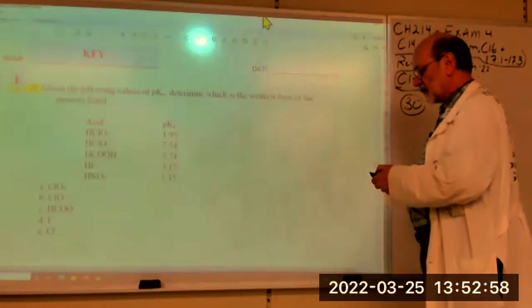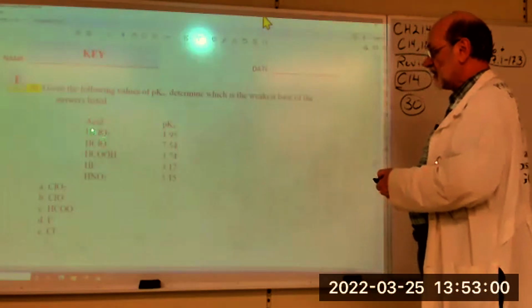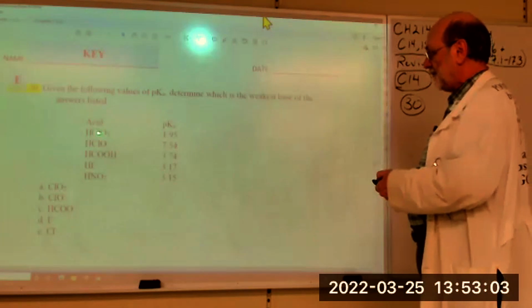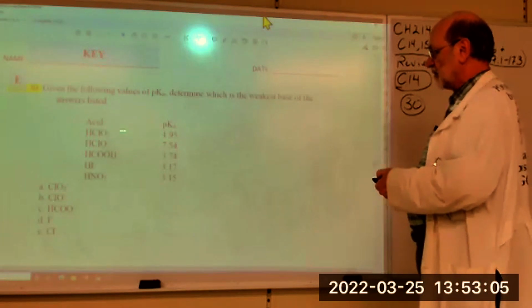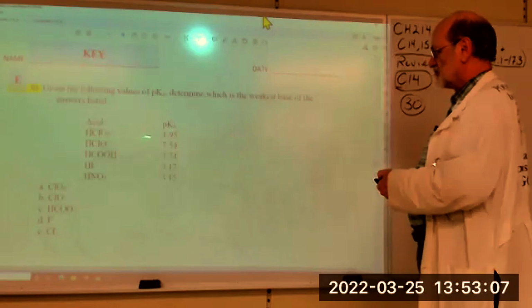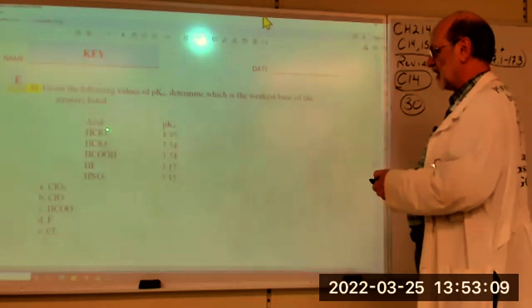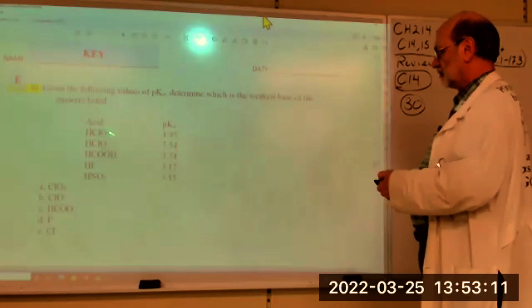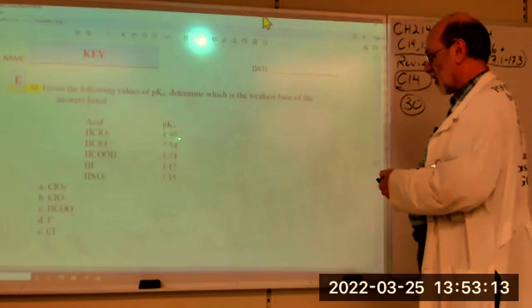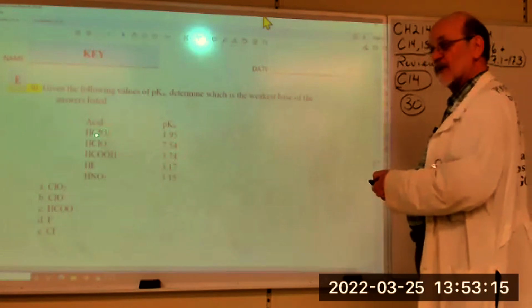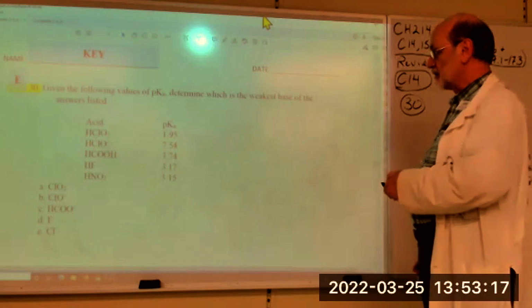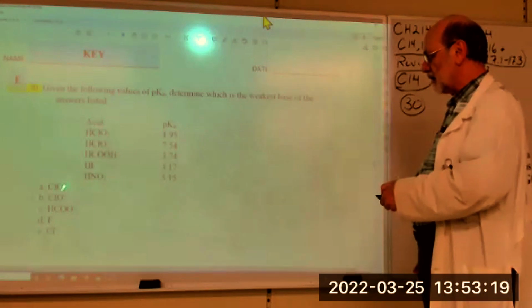So if we dissociate this one, we should get ClO2 minus. But that's a strong acid, right? It should make a weak base. And it looks like it's the strongest acid of the bunch. So it would make the weakest base.